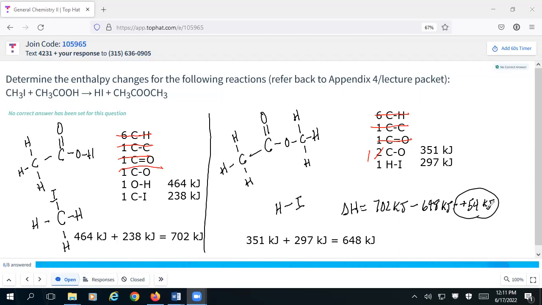So I would tell you the same thing that I've told you before. Table values vary from reference to reference. So use the values associated with whatever assignment it is that you're doing. So if it's in SmartWork, use the appendices in the textbook rather than any of this stuff. The reason I pulled this out of the lecture packet is mainly because it was convenient to me.